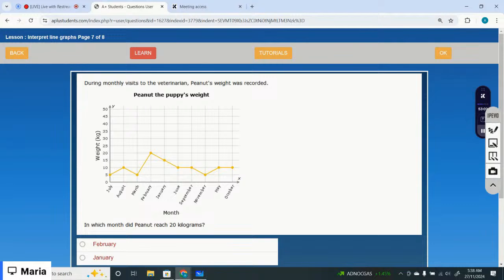During monthly visits to the veterinarian, Peanut's weight was recorded. In which month did Peanut reach 20 kilograms? So, which is the correct option?